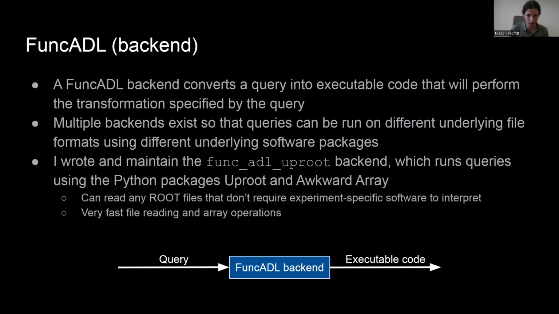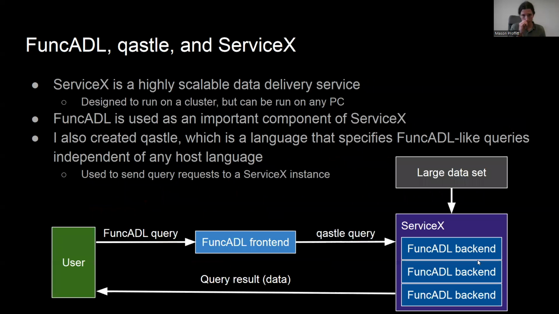These packages can read any ROOT files that don't require experiment-specific software to interpret, and they can be used for very fast file reading and array operations on arrays like we saw in the very simple example on the last slide. So basically a query goes into the backend and it produces executable code that can run the transformation.